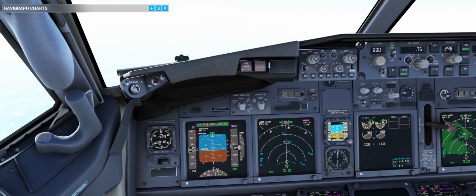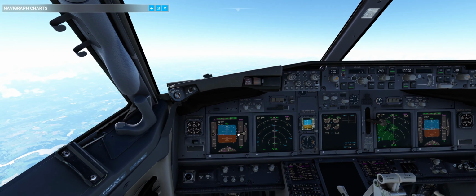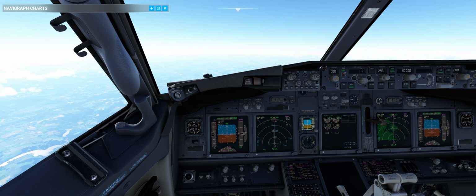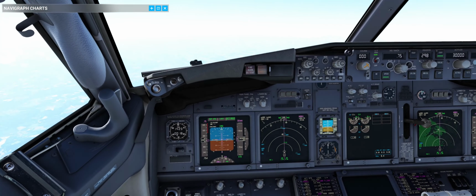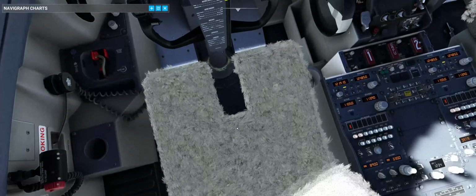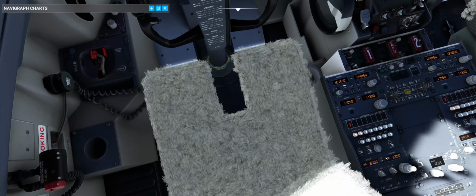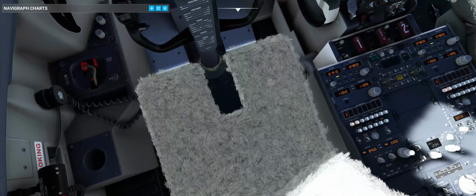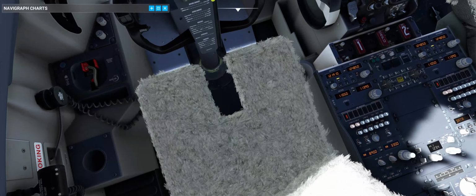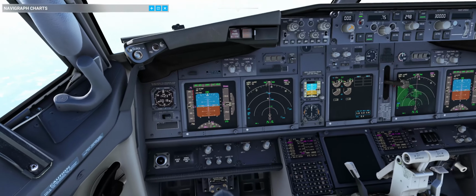So, what if I suddenly lose something? For example, my transponder is not working. Okay, we have two. We have one and we have two. Okay, ATC1, ATC2, but both transponders are not working.